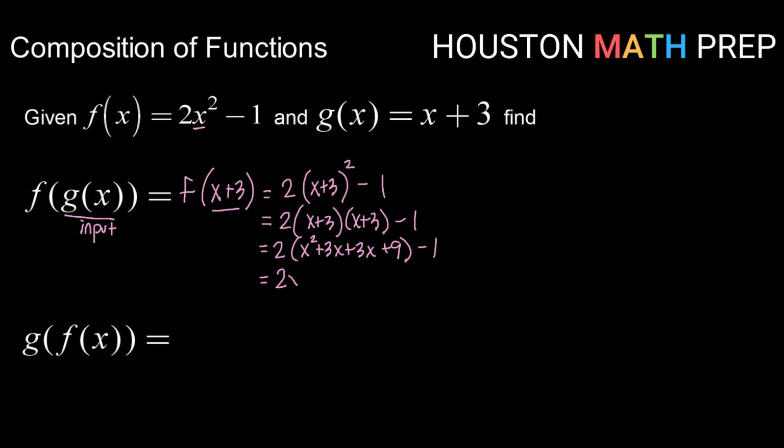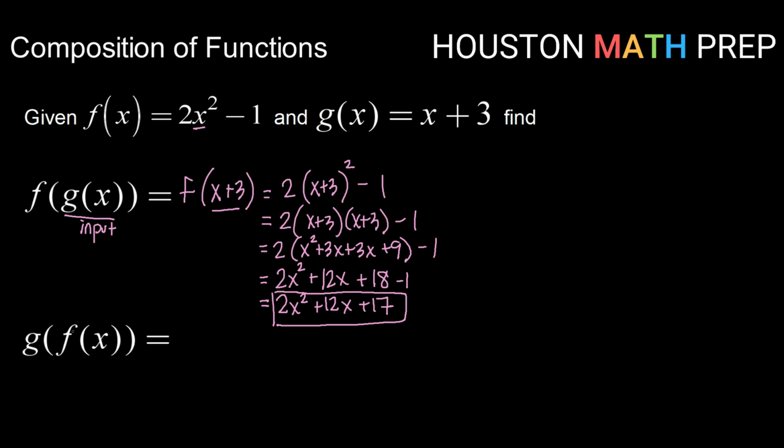So that would be 2x squared, plus 3x plus 3x makes 6x. 2 times 6x would give me 12x, plus 2 times 9 would be 18, minus 1. And so my final result would be 2x squared plus 12x plus 17. So my new function, created by composing g into f, is 2x squared plus 12x plus 17.